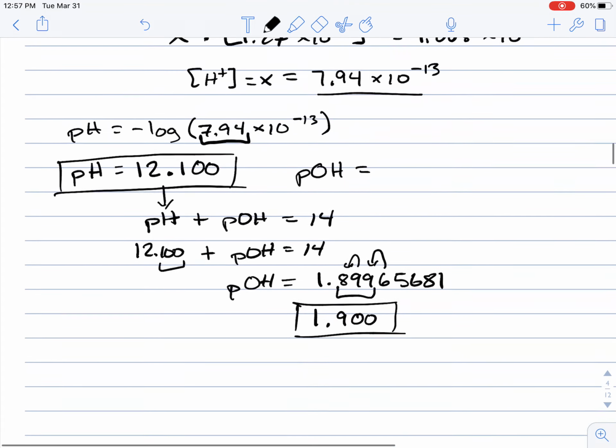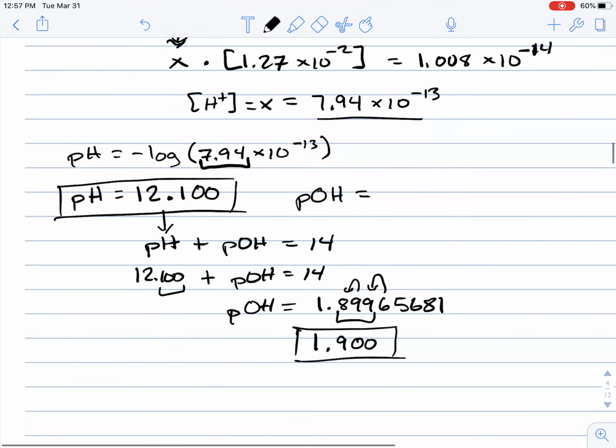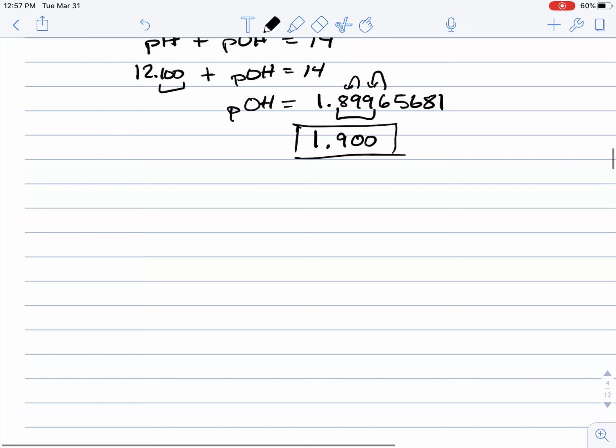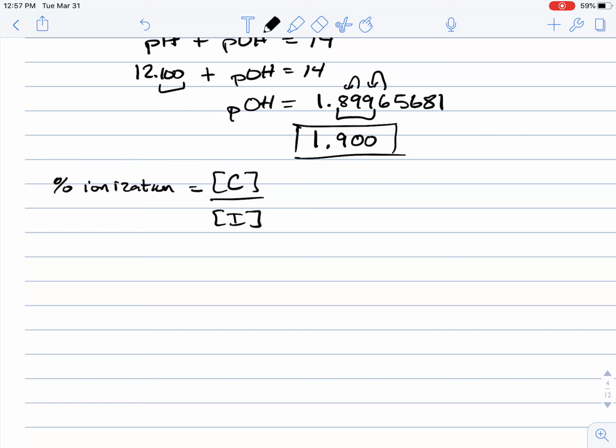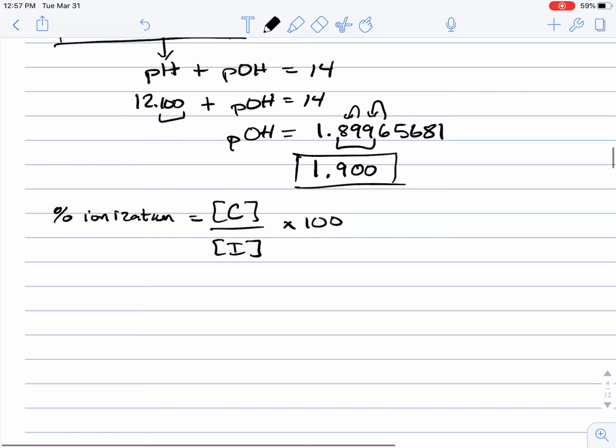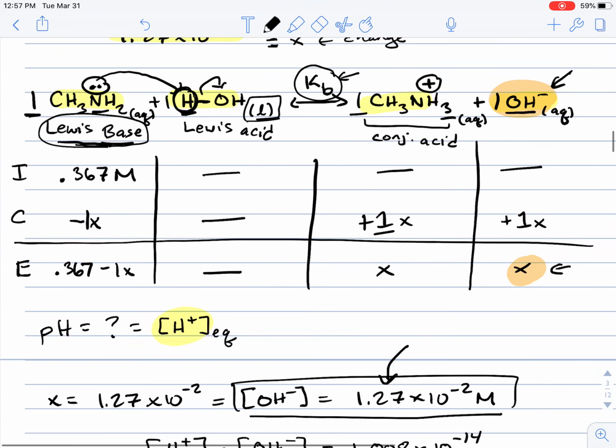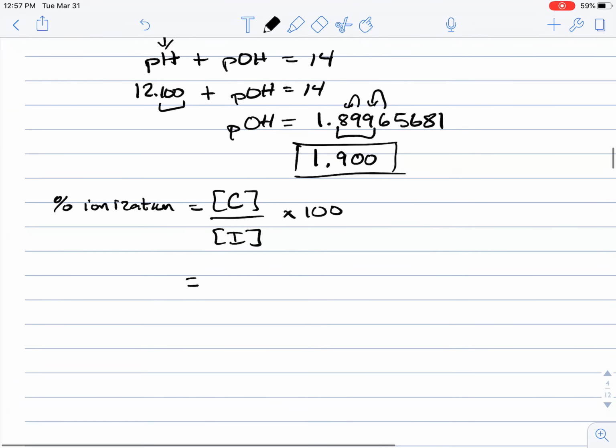So the last thing that we need to determine is the percent ionization. Please remember that the percent ionization is equal to the change over the initial concentration times 100. The initial concentration, if we look at our ICE table, is going to be 0.367 molar.